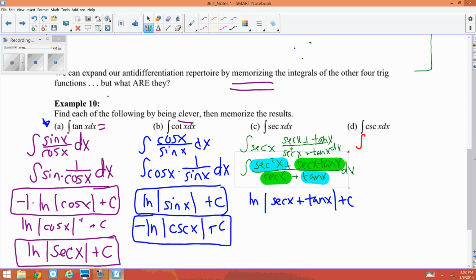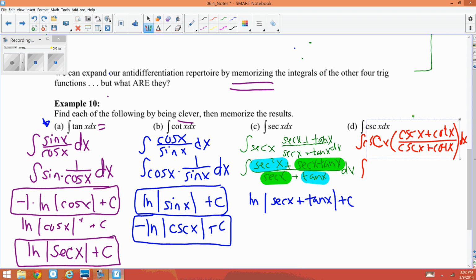Okay, again, for this one, we're going to use the same kind of idea. We're multiplying by a clever form of 1. We're going to multiply by cosecant x plus cotangent x over cosecant x plus cotangent x.